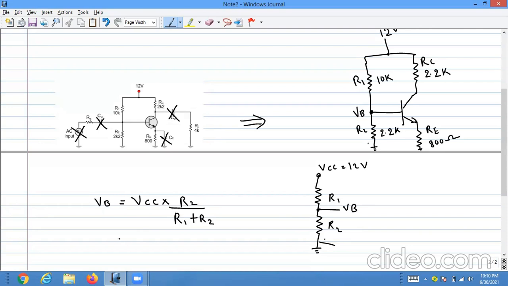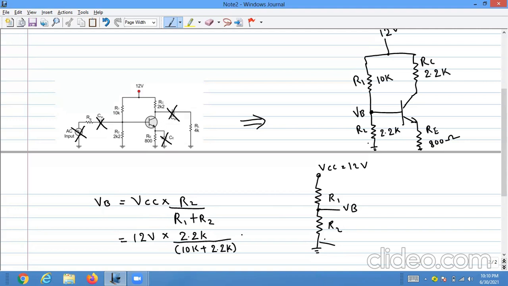Substituting, VCC is 12 volt, R2 is 2.2K, and R1 plus R2 is 10K plus 2.2K.